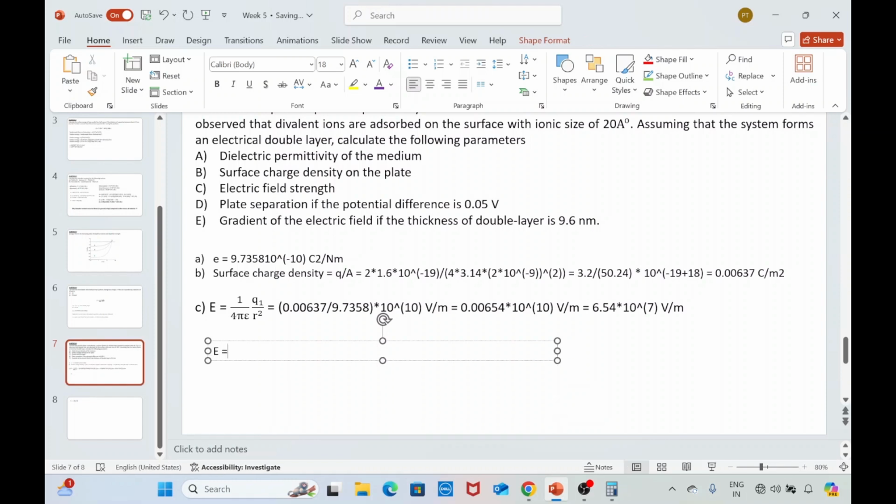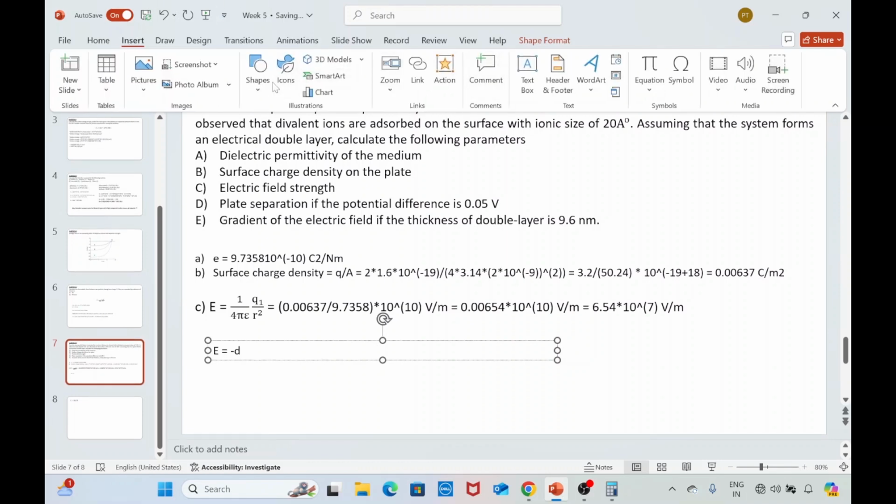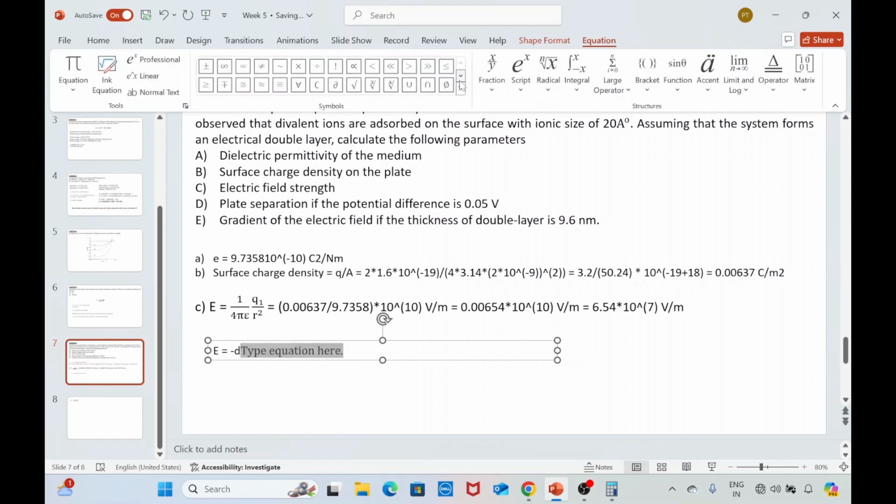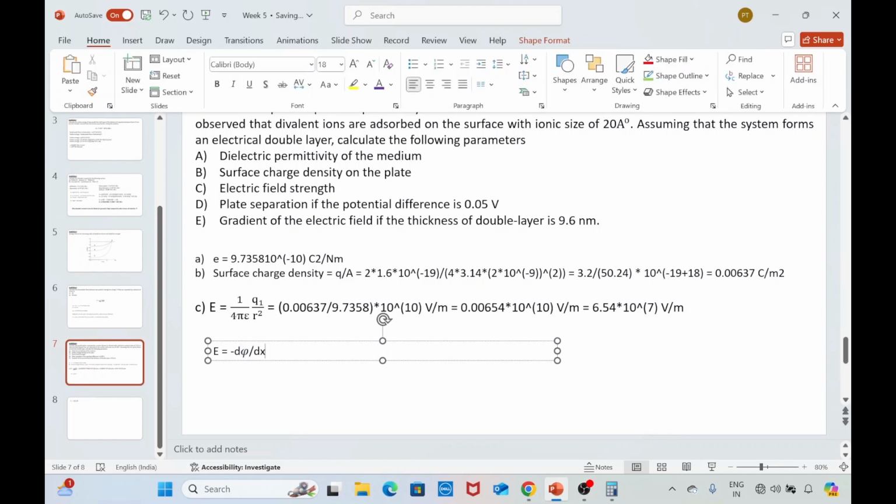Your electric field strength can also be expressed as minus the gradient of the potential difference, that is, d psi by dx.